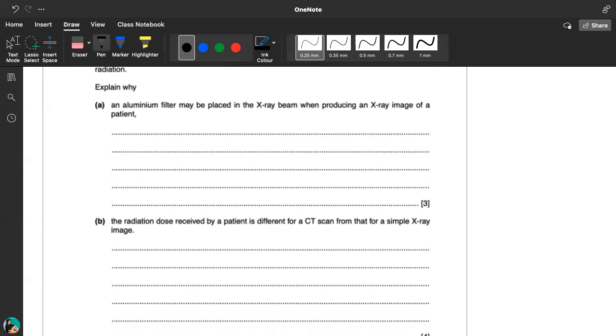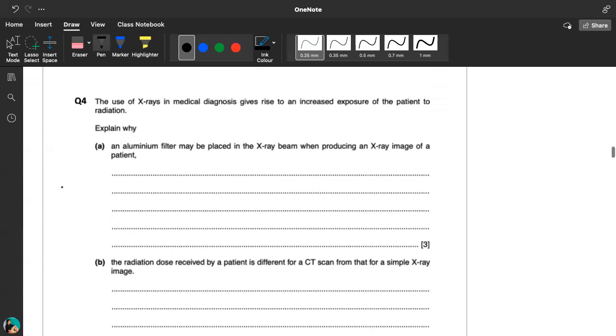X-ray is you just take a 2D image. But CT scan is 3D, but then how do you get the 3D image of X-ray? I think I have a short video here. Let's watch a short video on the CT scan.